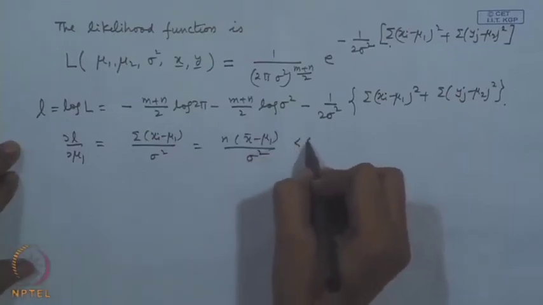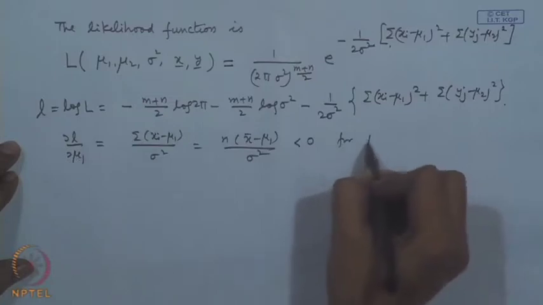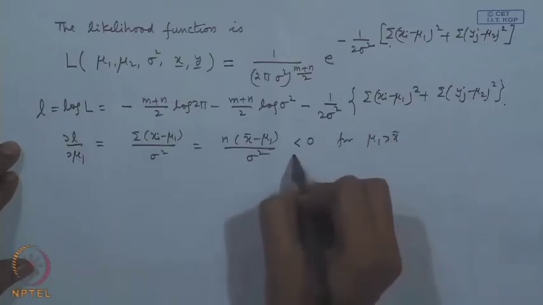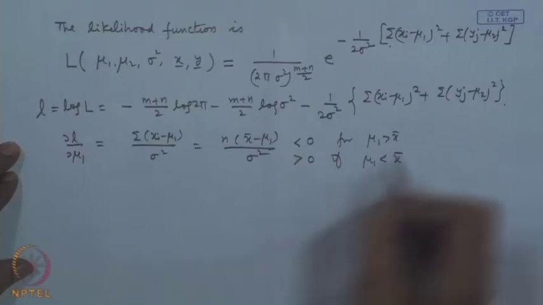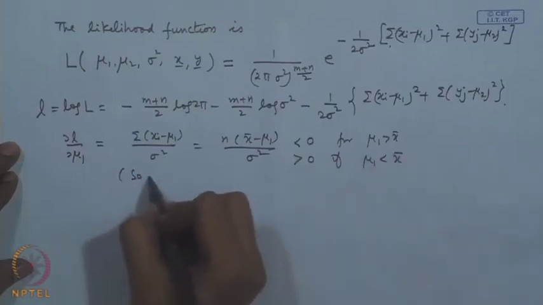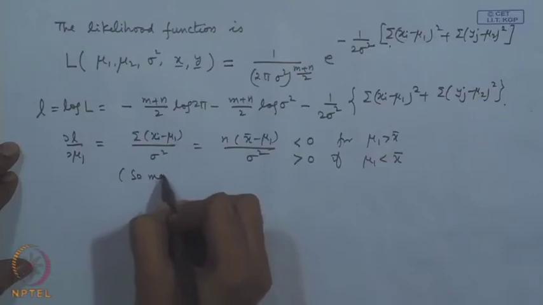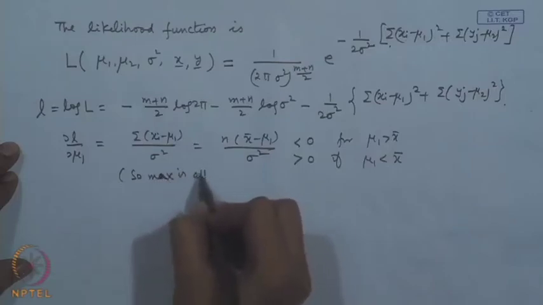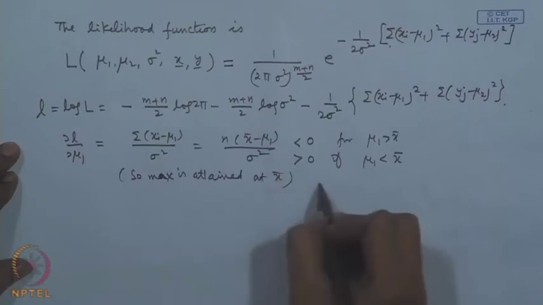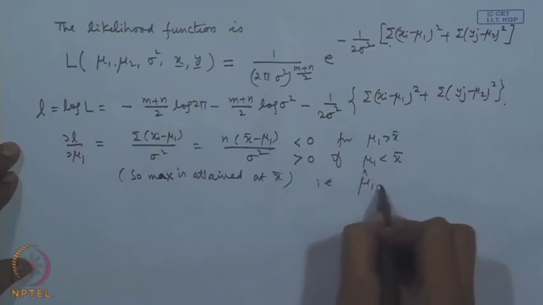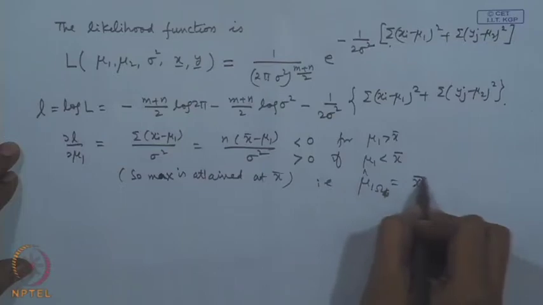It is less than 0 if mu1 is greater than x bar, and greater than 0 if mu1 is less than x bar. So, the maximum is attained at x bar, that is mu1 hat omega is equal to x bar.